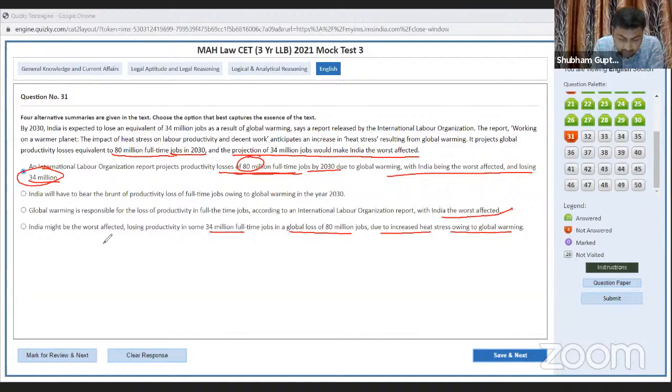So here also all the facts are present. Let's go with A only. Not sure what to be done.